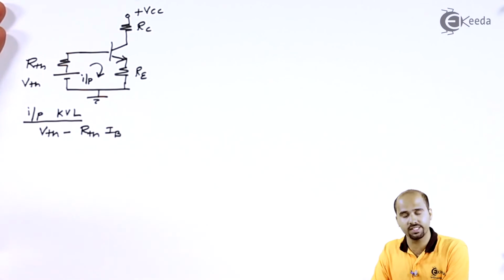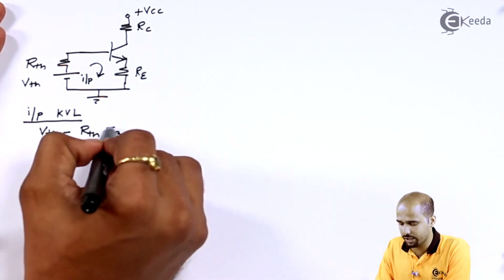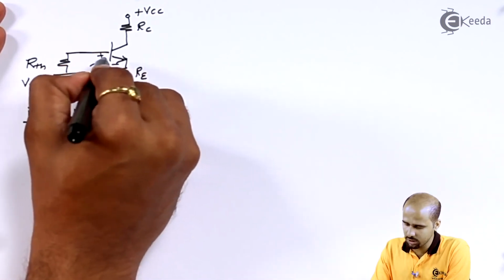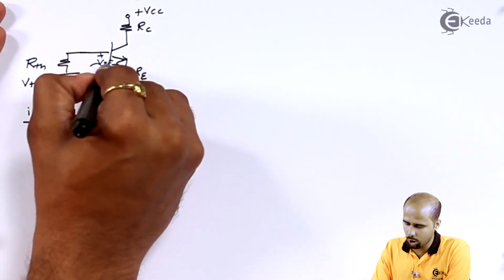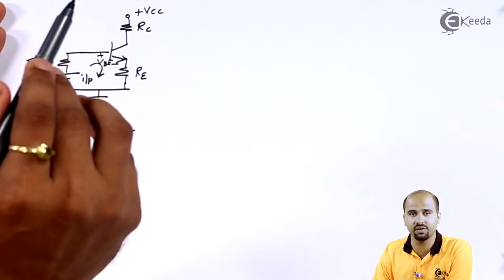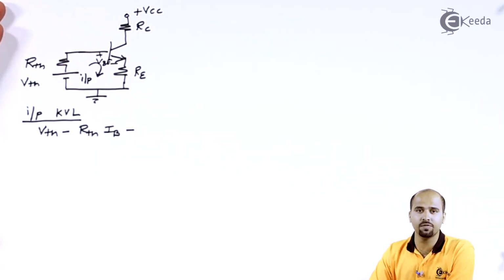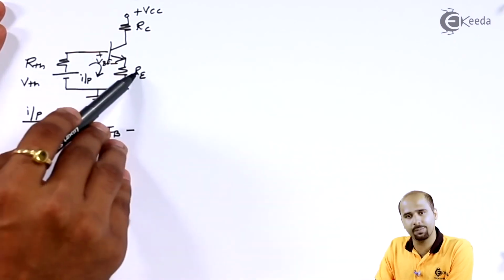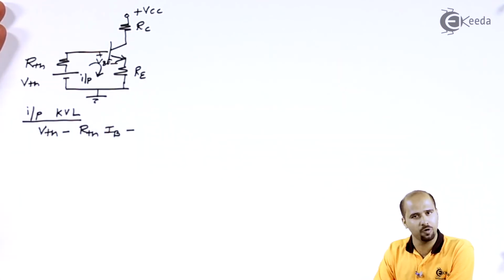As we are dealing with the DC analysis, we have to write it in capital letters. Minus, this is nothing but the VBE. Always keep this in mind that whenever we use the BJT as an amplifier, we have to use it in the active region. So in the active region, the base emitter junction is always in forward bias condition.